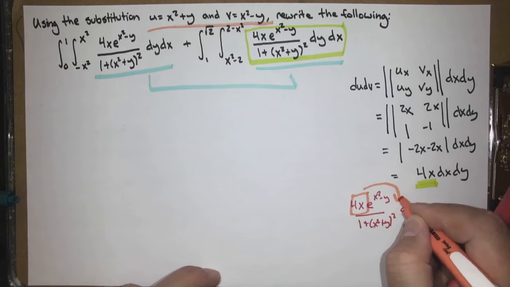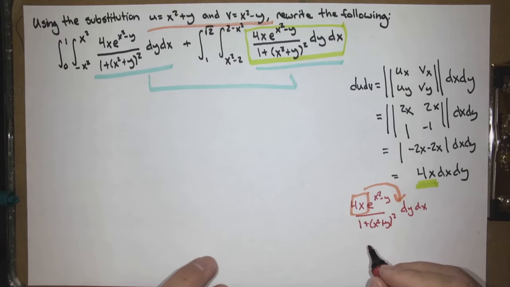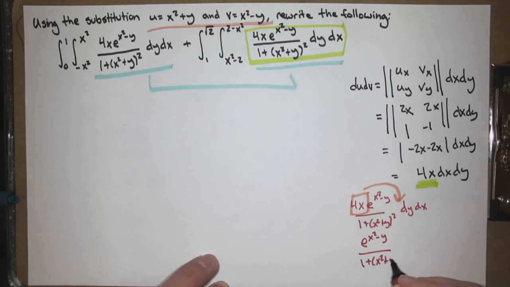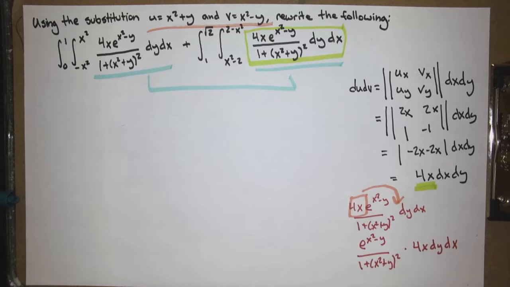So we say, hey, move it over. So we're going to think of this as e to the x squared minus y over 1 plus x squared plus y quantity squared times the 4x dy dx. This part on the end, this is what's going to become our du dv. So that means when we think about rewriting the function, we're not going to have the 4x as part of the piece we rewrite. That's been pulled off.